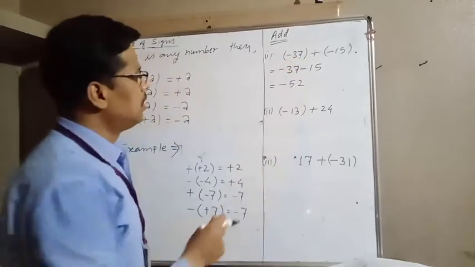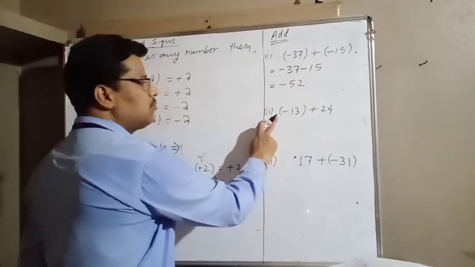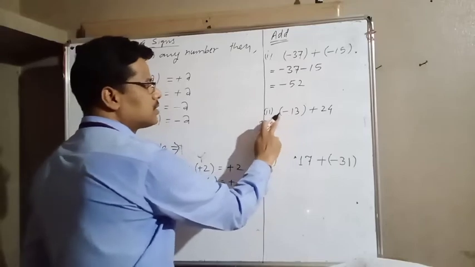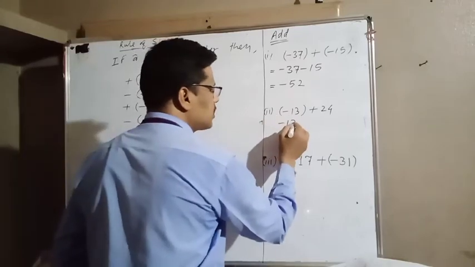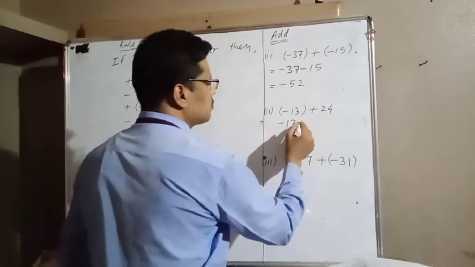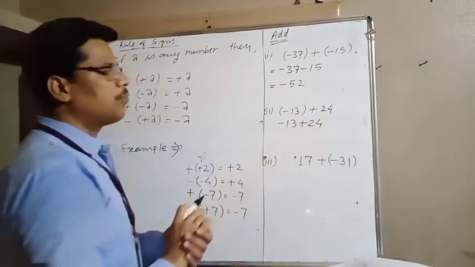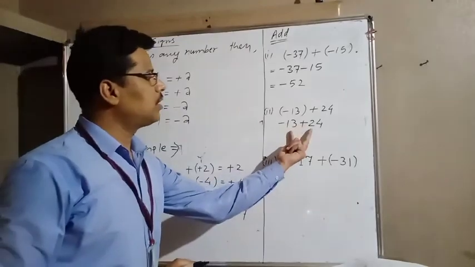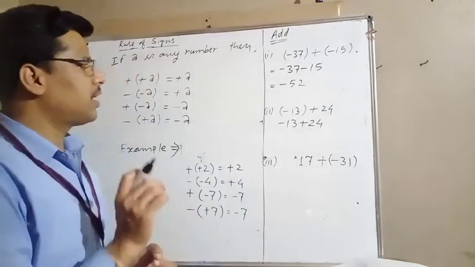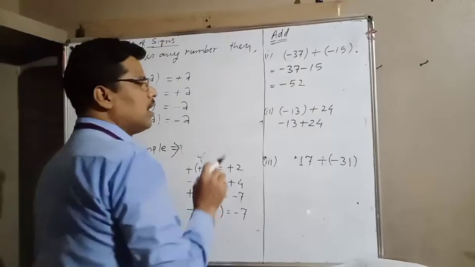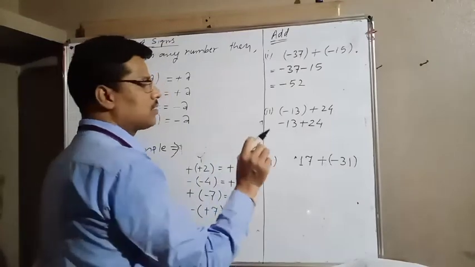Now next question. Here outside the bracket, what is the sign? Positive. And inside the bracket, minus. Plus minus is minus. So first we write minus 13. This plus 24 will come as it is. Now these two numbers have opposite signs. When two numbers have opposite signs, in that case we have to subtract, and we place the sign of the greater number.